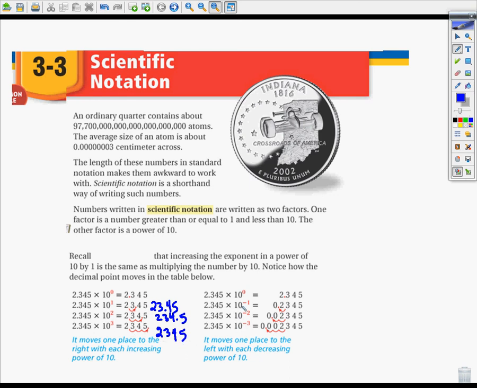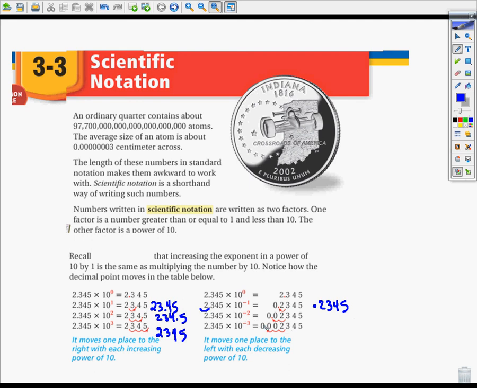Conversely, if I have negatives, then I'm going to go to the left. You go in the direction of the negatives. Again, times 10 to the 0, don't move the decimal, but times 10 to the negative 1, I move it 1 to the left, so 2,345 ten-thousandths.